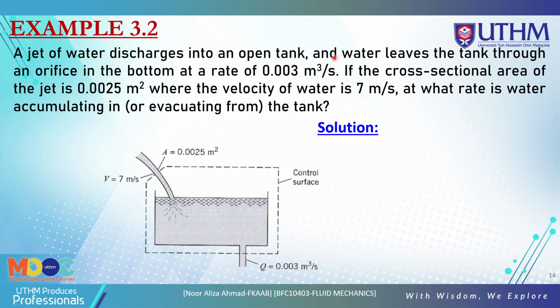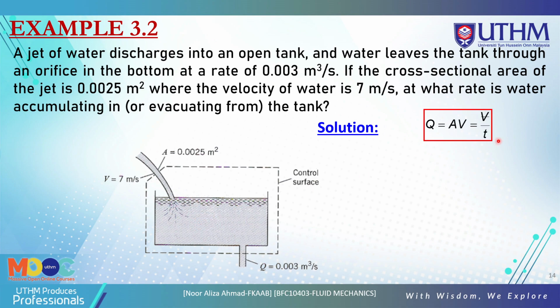If the cross-section area of the jet is 0.0025 meter squared, where the velocity of water is 7 meter per second, at what rate is water accumulating in the tank? So what is the Q, the flow rate, in this tank here?